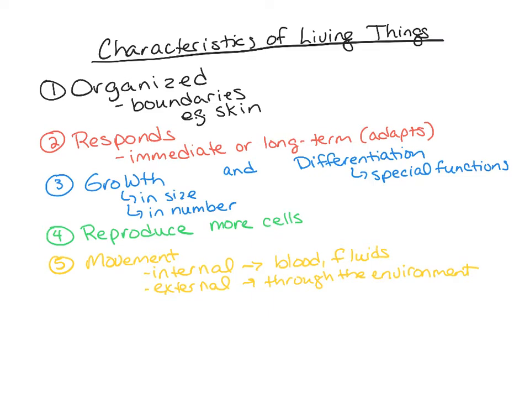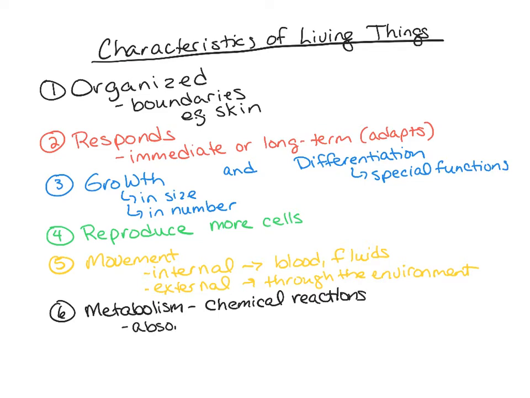And lastly, the last characteristic of living things is metabolism. Metabolism is all of the chemical operations that occur in the body. There's metabolism in the respiratory system, where absorption, transport, and use of oxygen by the cells occurs. There's metabolism that occurs during excretion, when metabolic byproducts are eliminated as waste.